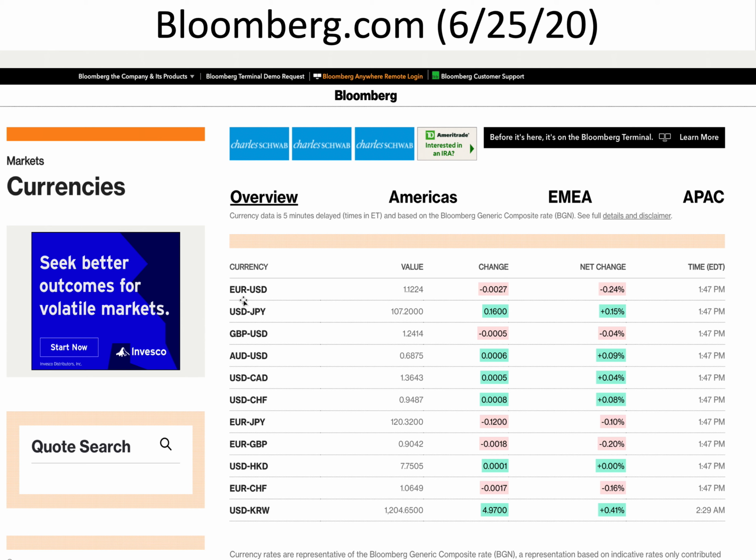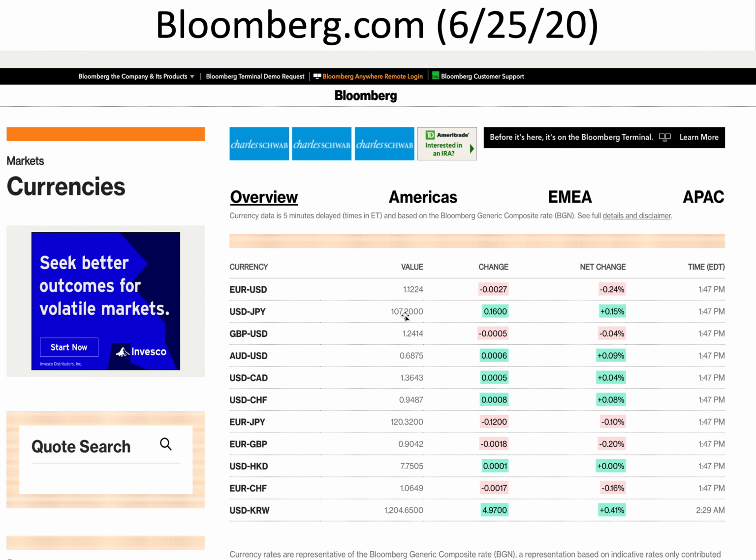Is that a direct quote or indirect quote, 1.12? Oh, that is direct quote because the quoted currency is USD. Now the next one, USD versus JPY. Direct or indirect? This is Japanese yen, the indirect quote.